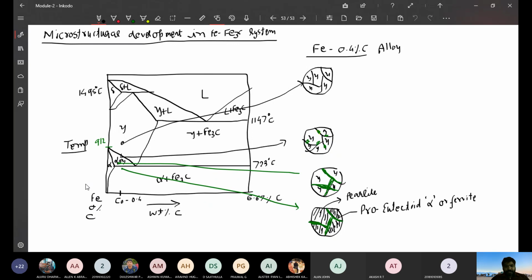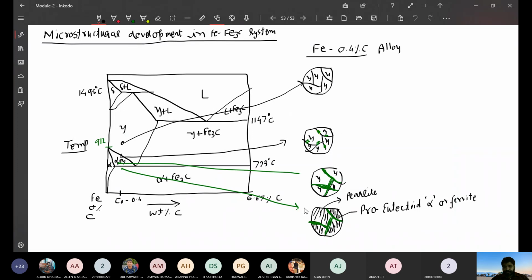Okay. So this is about the microstructural development when we take hypoeutectoid steel. If you take any composition between these two points, heat it to a single phase region and then cool it, this type of microstructural development takes place.